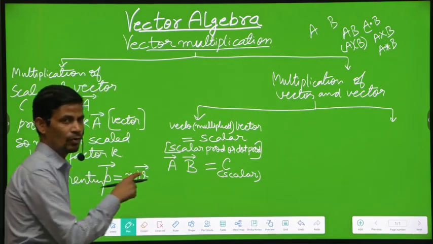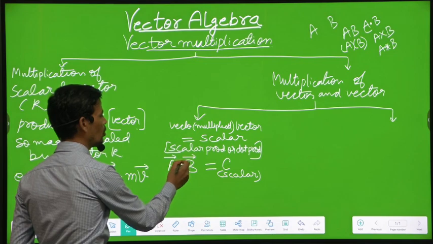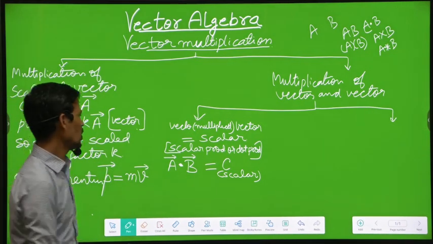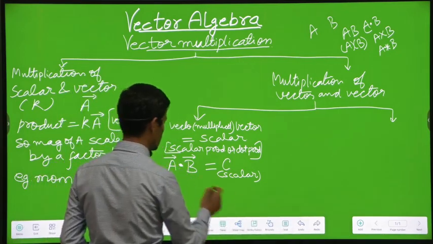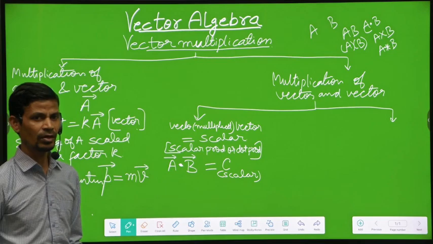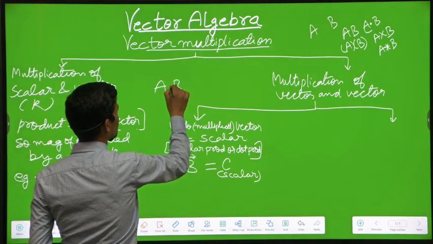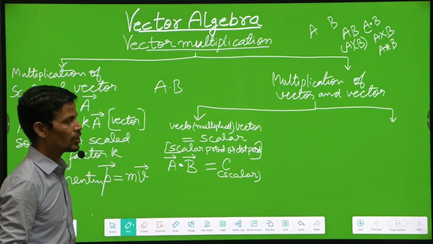Putting an arrow over them is important, and then put a dot in between them, and it should be a visible dot. I'm not saying that you do this much, no, it should be a dot, but a visible dot. And see, if you write A dot B, it is just the multiplication of their magnitudes.